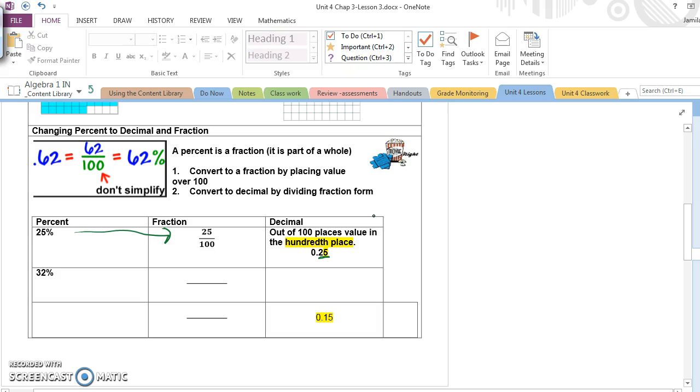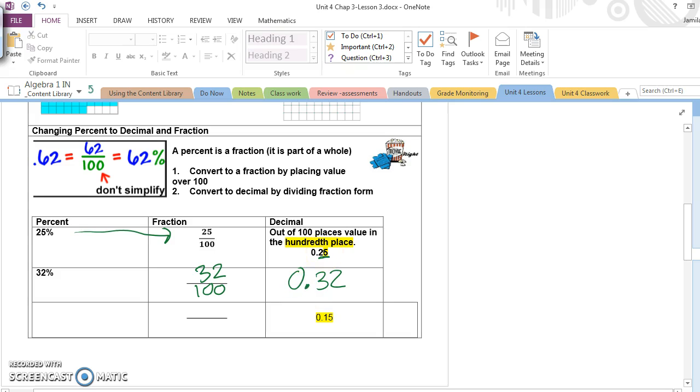Look at 32%. So remember, percent means out of 100. So this is 32 out of 100. There's your fraction form. Now to change this into a decimal, we take the 32 and it's supposed to be in the hundredths place because it's out of 100.